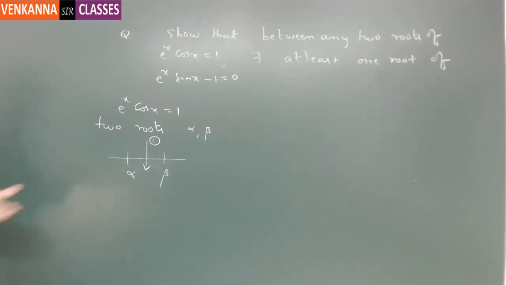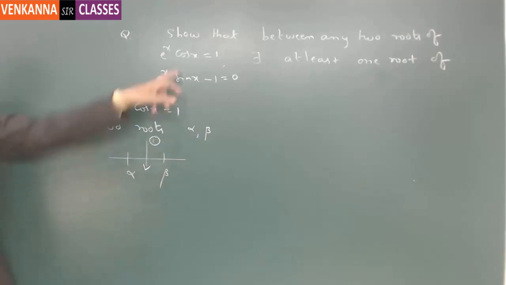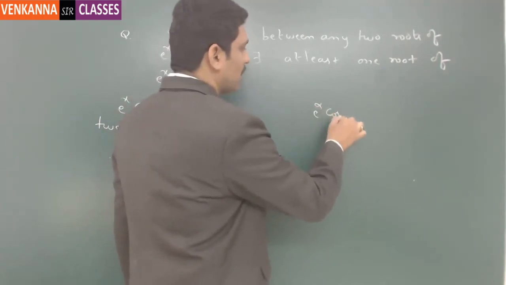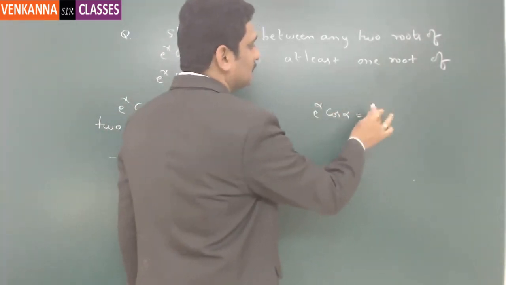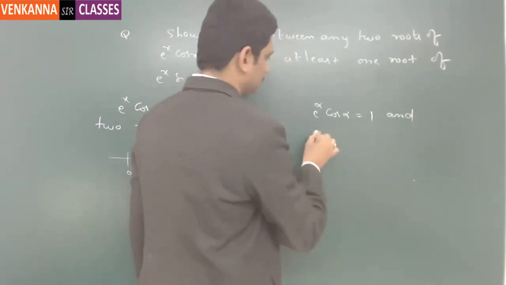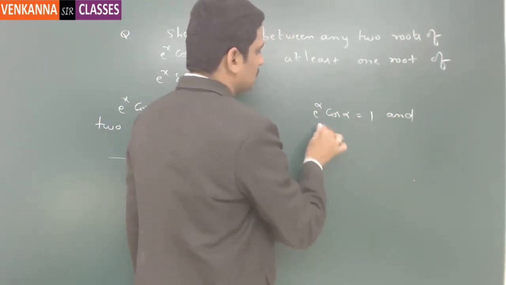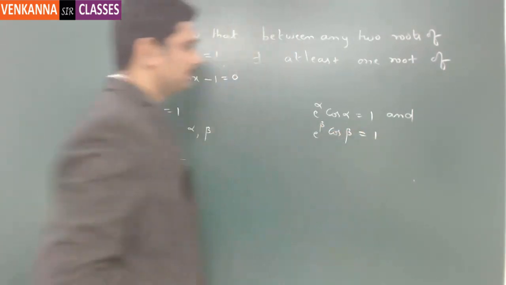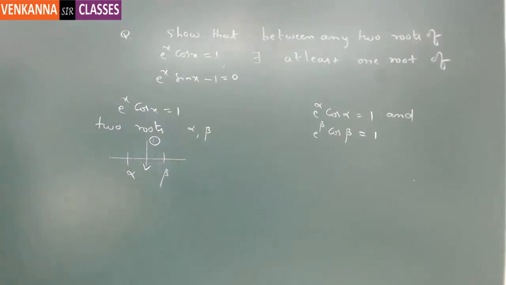So let us solve the same problem using Rolle's mean value theorem. Since alpha and beta are roots for the given equation, you have e power alpha cos alpha is equal to 1 and e power beta cos beta equals 1. Agreed?